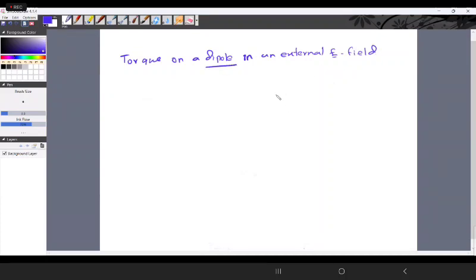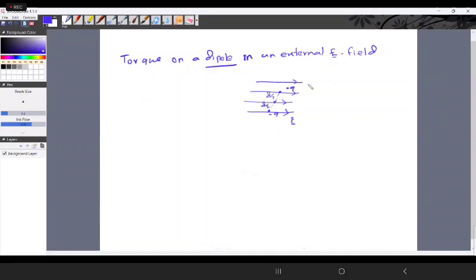For example, say here is the plus Q charge and here is the minus Q charge. We know that it is separated by the displacement 2d, as we already defined. And say this is the electric field now, so we have some external electric field. Say this is d by 2 from the center, and this also d by 2, which means the separation between the two charges is d.